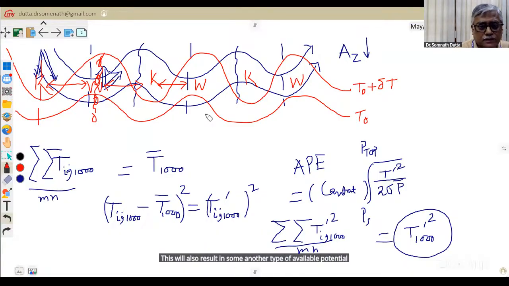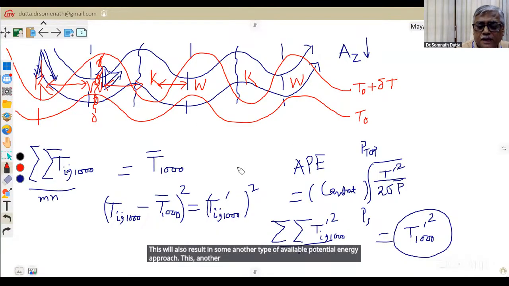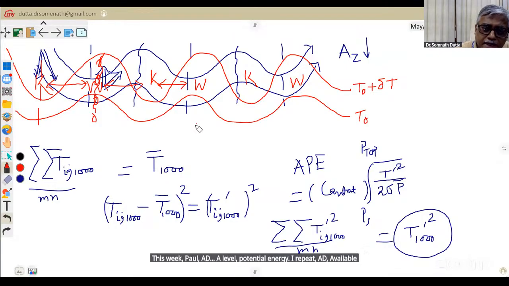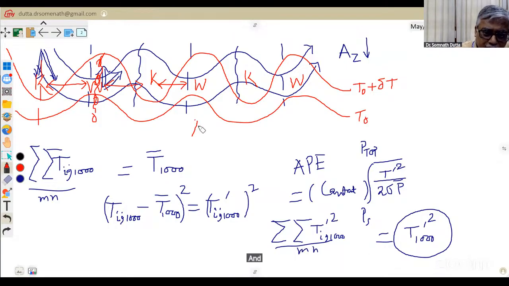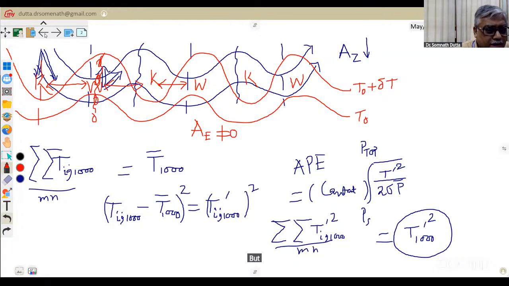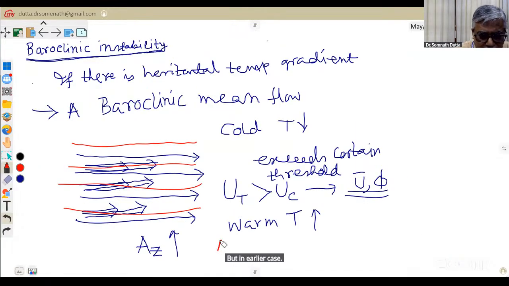Of course, this other type of available potential energy, we call AE, available potential energy. Now we can see AE is not equal to 0, but in the earlier case, AE was almost 0.